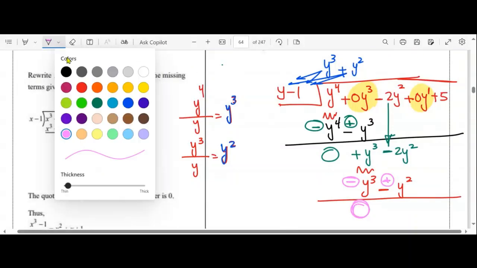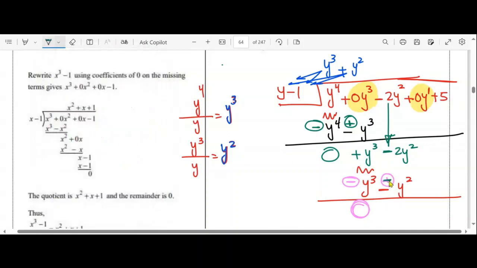Negative with negative. This one is positive, right? And this one negative, correct? So how much is the answer? Negative y squared. And then you bring, what's the next one?